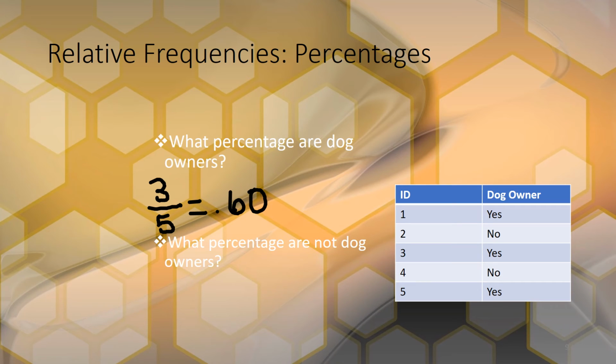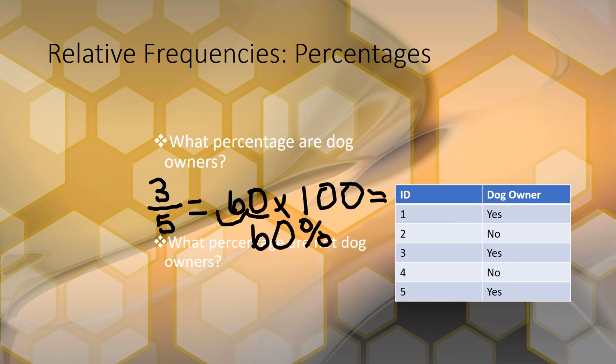Now you can multiply that by 100, and you'll get in your calculator 60. And we're going to put a percentage sign at the end. Or you can move the decimal place over twice from the decimal form. 1, 2.